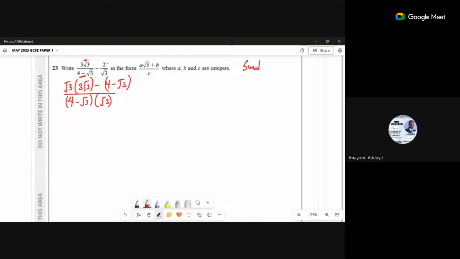Then that will be times the numerator, which is 2.